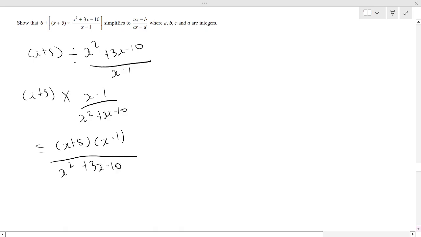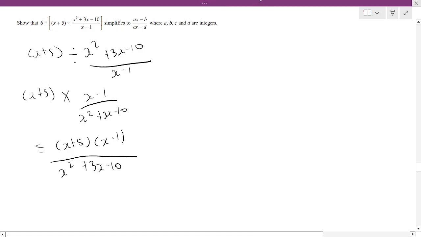Now at this point we should check if it simplifies. The key tip with these sort of questions with algebraic fractions is you need to factorize the numerator, the denominator, factorize anything that isn't factorized, and see if it cancels.